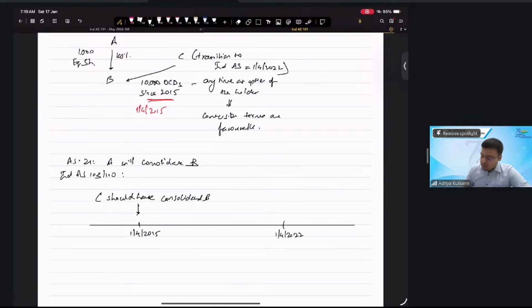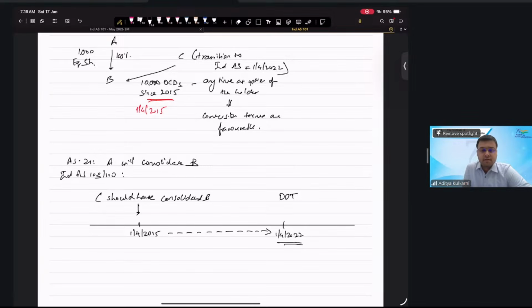Yes. Now, 1/4/2022 is the date of transition. Let us forget Ind AS 101. On this date, when I have financial statements prepared as per Ind AS, should I not factor in the consolidation effective from 1st April 2015?